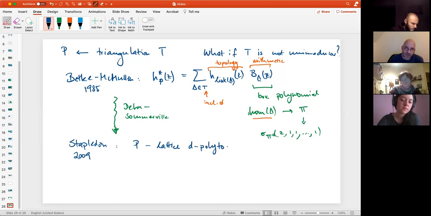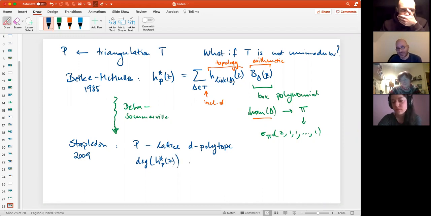Now I look at the h star polynomial, and this h star polynomial has a degree. In fact, you don't have to compute the h star polynomial to find out the degree. There are ways to find that, but the degree is at most d, but it could be smaller. Let's say the degree is s.